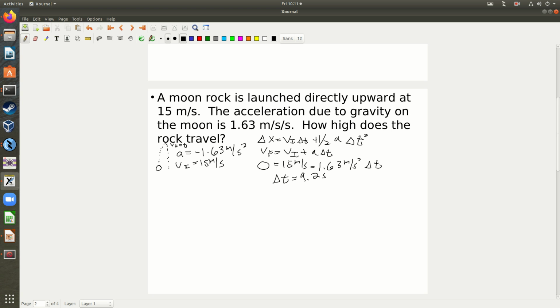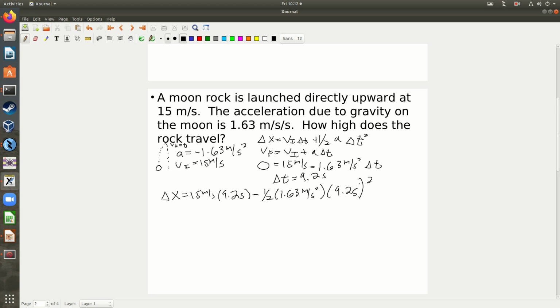All right, so taking this delta x equation and plugging it in, delta x is equal to 15 meters a second multiplied by the time that I just solved for, 9.2. I'm going to pull the negative out front because I know the acceleration is negative, so minus one half of 1.63 times 9.2 squared.